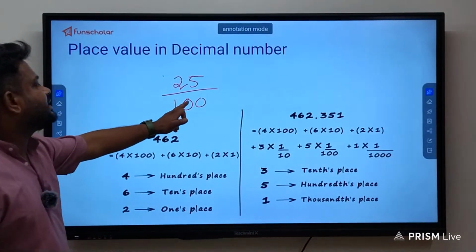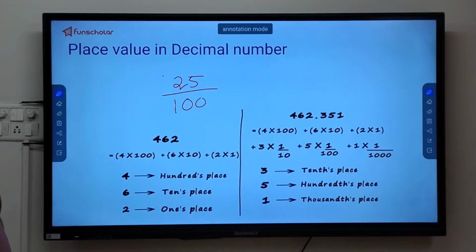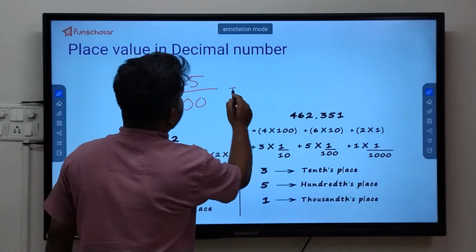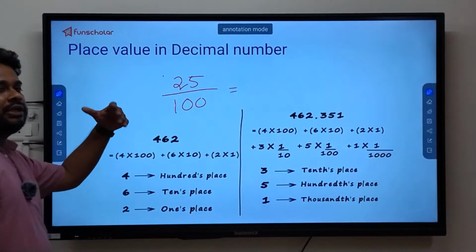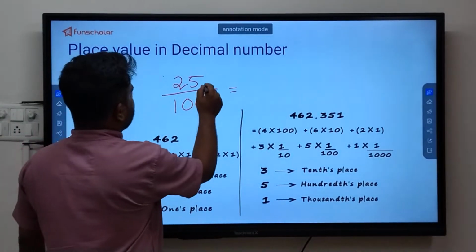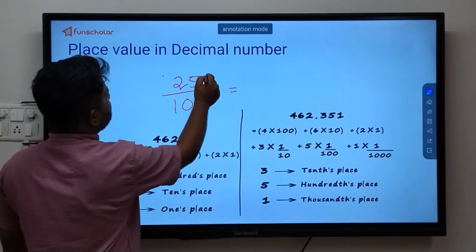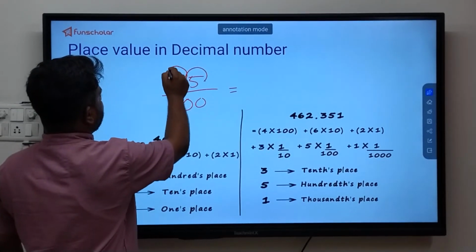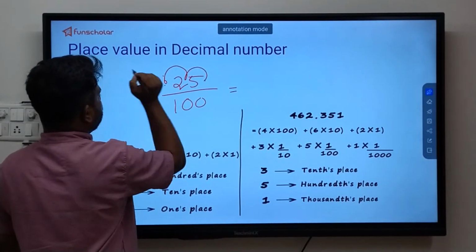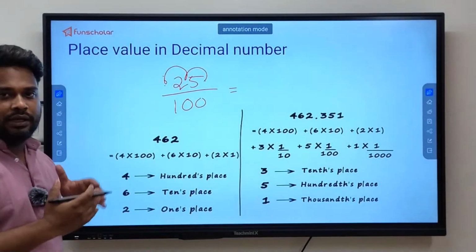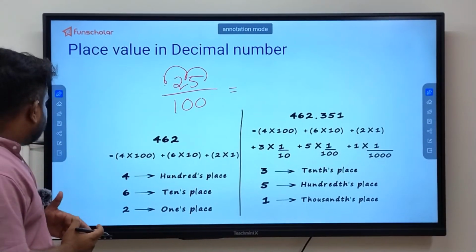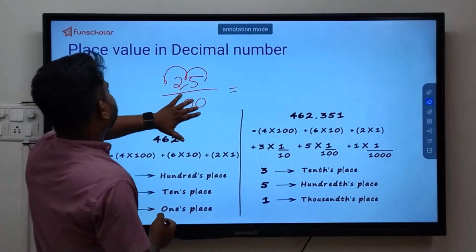Okay, so here we can see there are 2 zeros, so we can simply turn this fraction into a decimal just by taking the point in the last place, and then you can imagine moving this point 2 digits earlier.